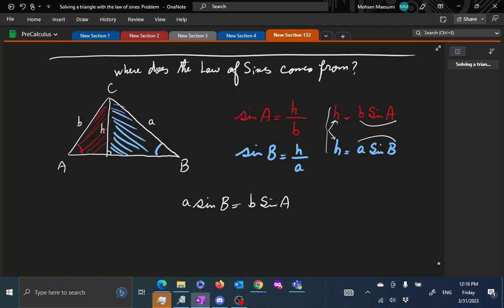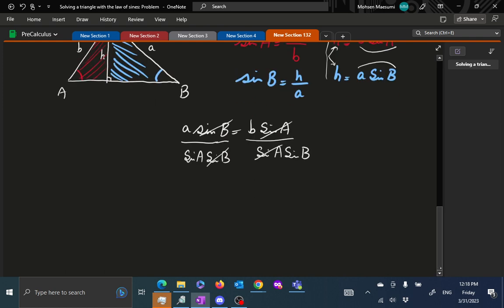If you want to write it in the form that we had before up there, take both sides and divide it by sine A sine B. I can divide two sides of an equation by the same quantity. That's still an equation. Now, sine of B cancels, sine of A cancels, and you get A over sine of A is equal to B over sine of B.